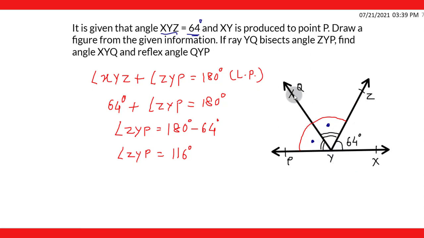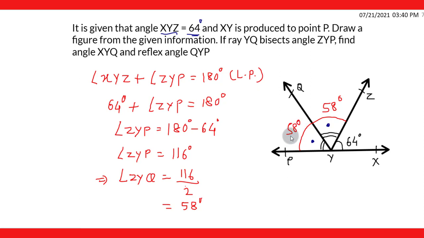So this ZYQ will be what? Half of this 116 degrees. So angle ZYQ will be half of 116 degrees. Why is it half of 116? Because YQ is a bisector, and so it is equal to half of 116, that is 58 degrees. So this angle will be 58 degrees.